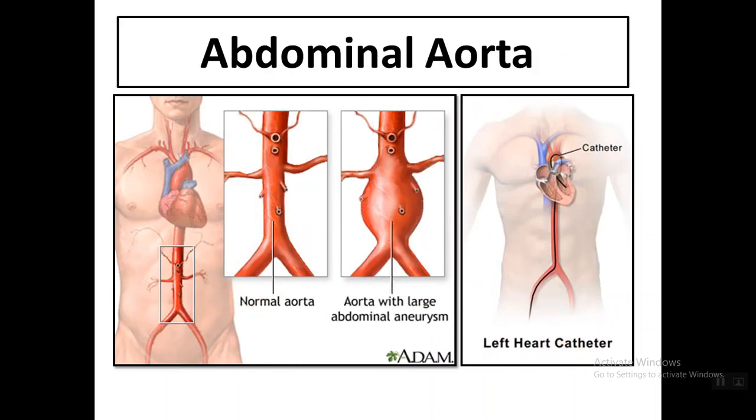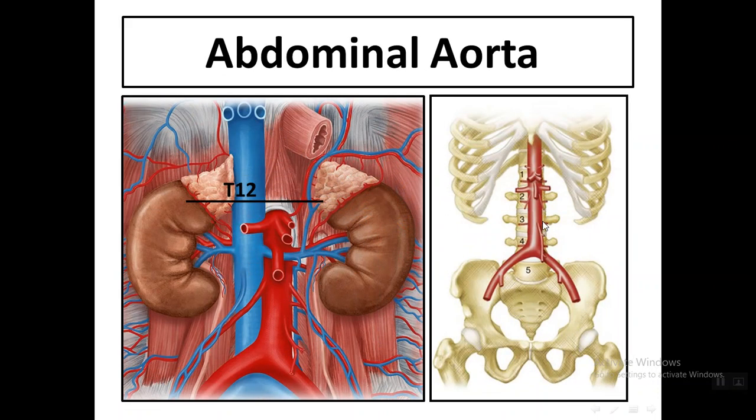The first structure that is important to be studied is the abdominal aorta. Why? Because of the clinical application on the aorta, which is catheterization, قسطرة الشرايين. The abdominal aorta enters the abdominal cavity through the aortic opening.